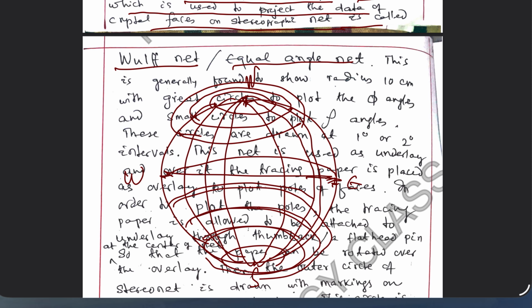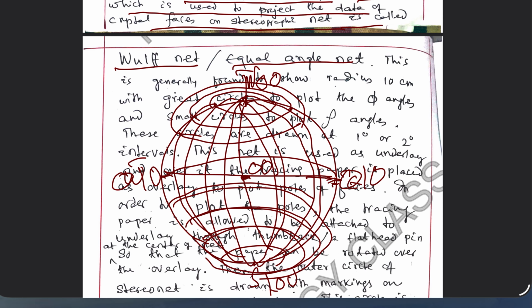These are the longitudes, the meridians running north south. So this will be the 0, 1, 0 face. This will be the 1 bar 0, 0 face. This will be the 1, 0, 0 face. And here it will be the 1, 1 face.